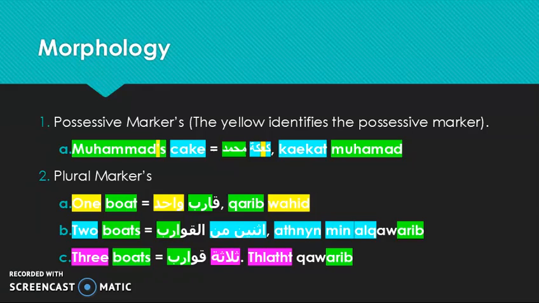And then for the plural markers, as you can see for boats or boat, the word karib is the singular form of the word boat, and then for the two boats, an ending is added. And in three boats, I cannot pronounce it.